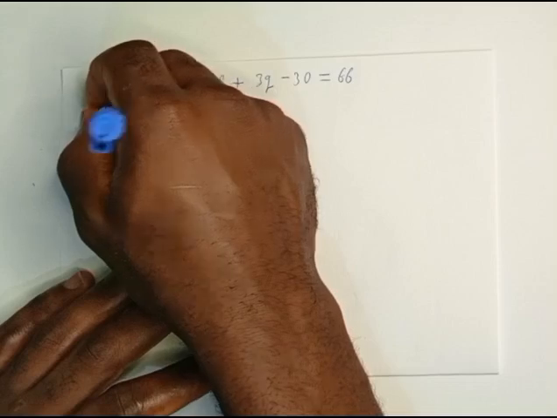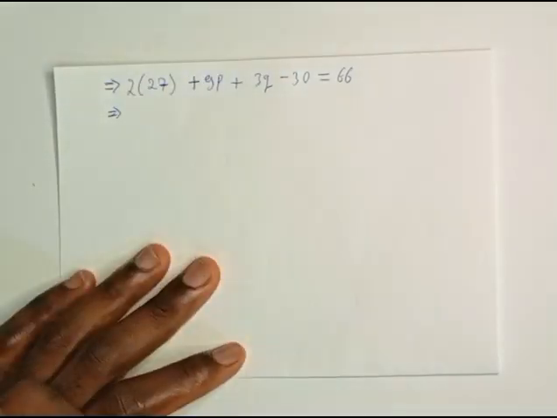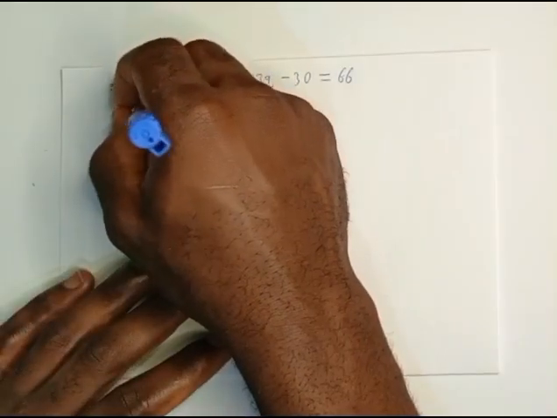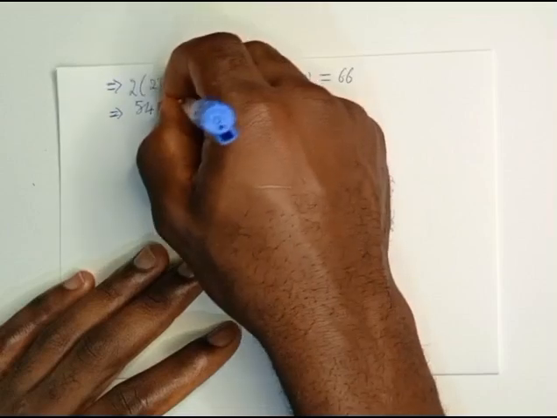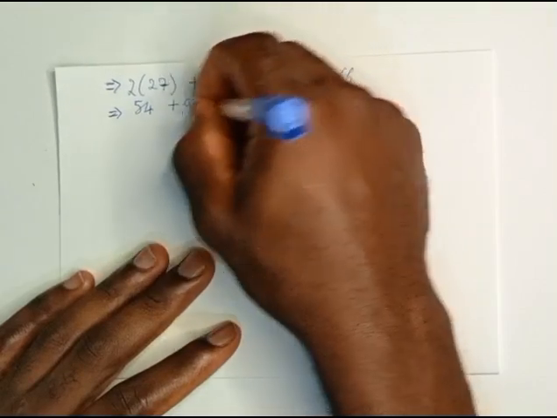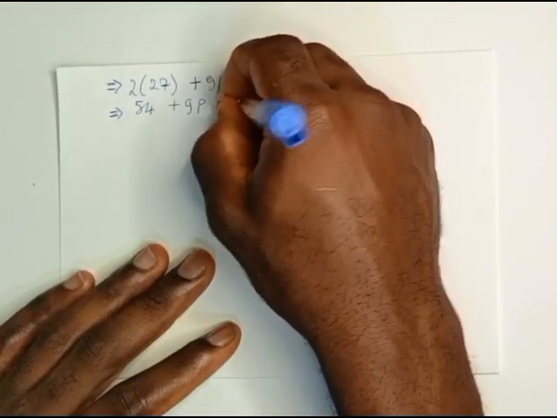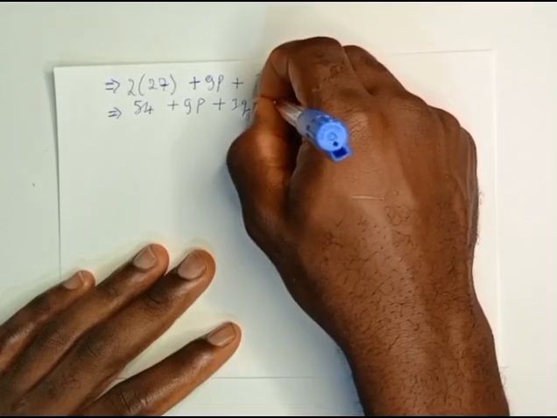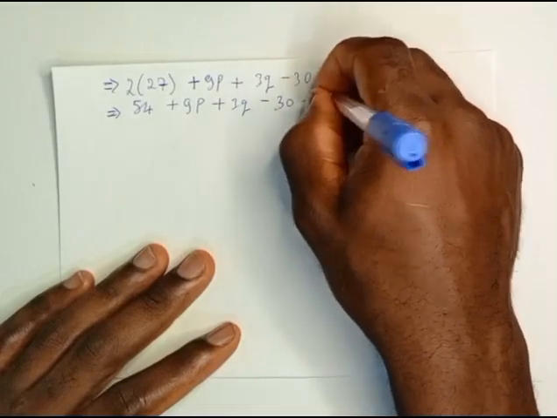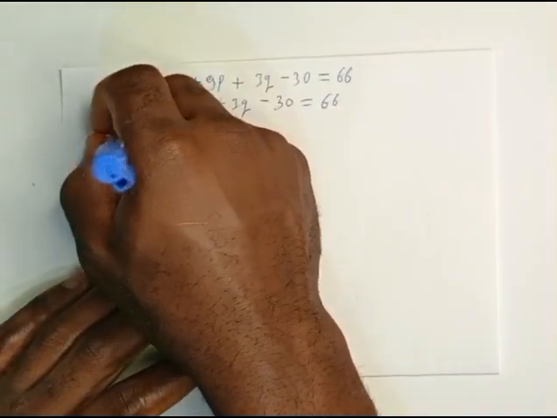Then 2 times 27 gives us 54 plus 9p plus 3q minus 30 is equal to 66.